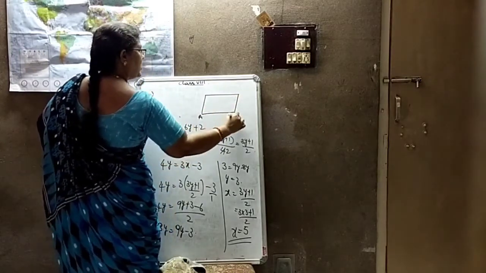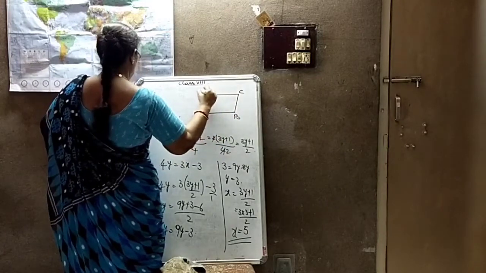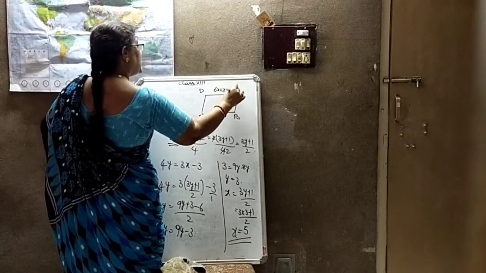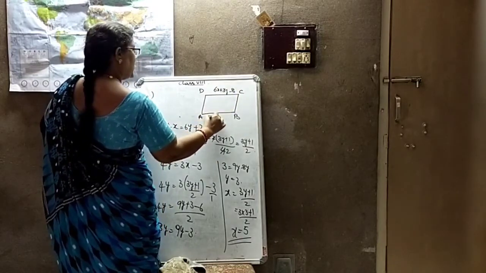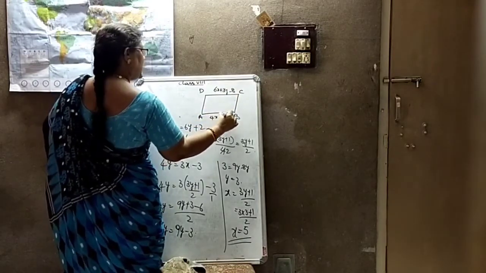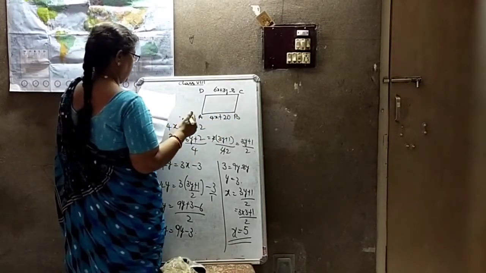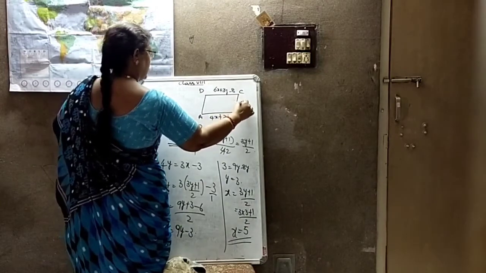You can mark, naming is not given, you can mark. 6x plus 3y minus 8. 4x plus 20. It's given 7y.